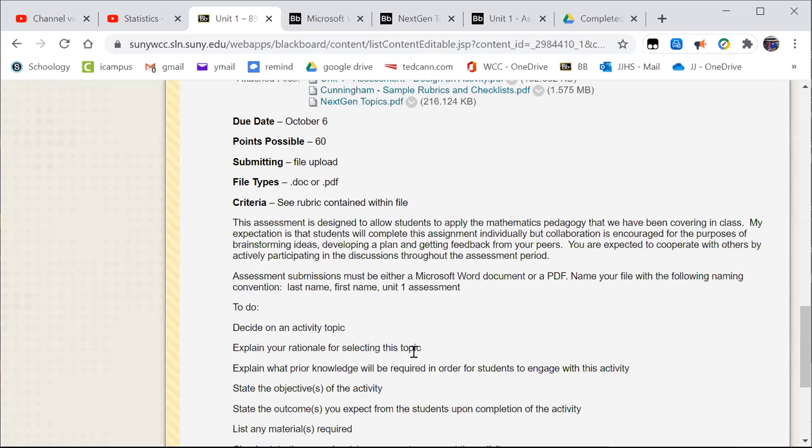And then the second discussion thread, just to steal my own thunder a little bit, the week after, is going to ask you to give a little preliminary breakdown of your assessment, and then other students are going to give you feedback on it so that you can strengthen your activity. All right. Because I find that the collaboration piece is really a huge benefit.